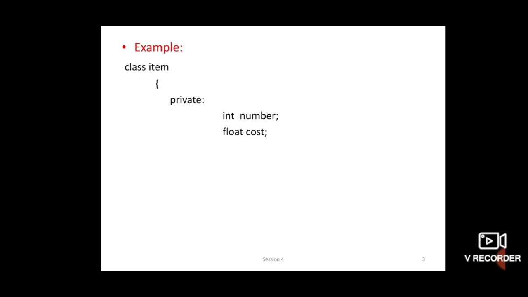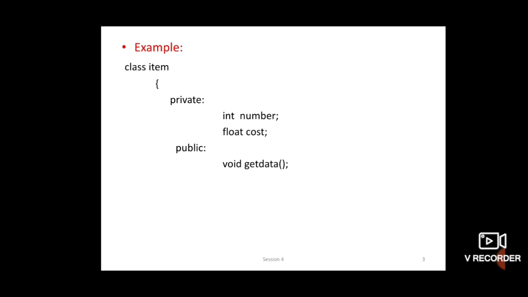Number and cost are the variable names; the data type of number is int, and the data type of cost is float. Now again declare the public access specifier, after public write a colon, then here a function is declared, void getdata, open and close bracket, then semicolon.